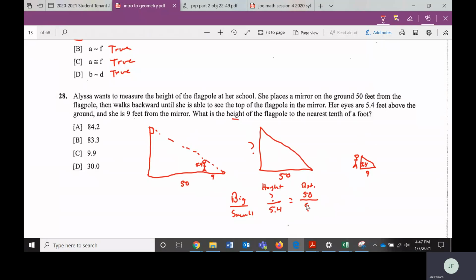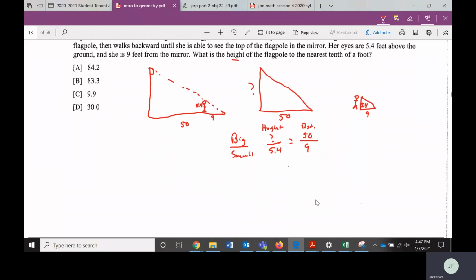Okay, so again now, cross multiply and divide. Take the diagonal with two numbers. So 5.4 times 50 divided by the third number. This equals 270. Divided by the third number is 30.